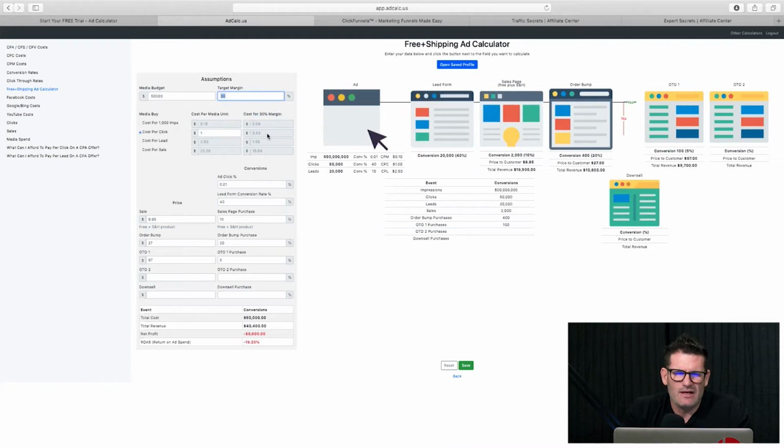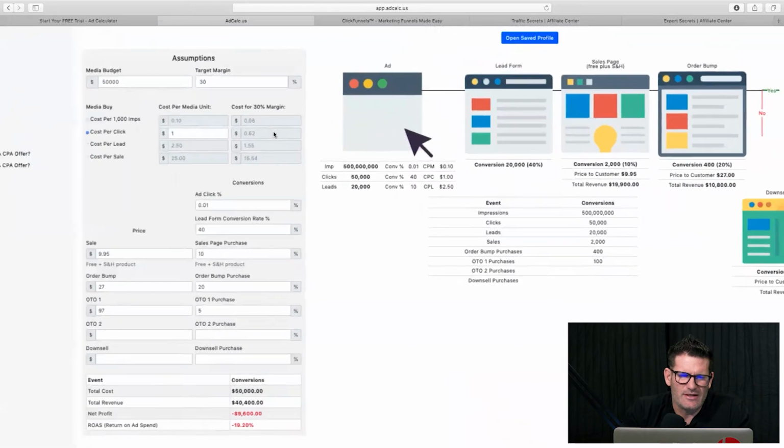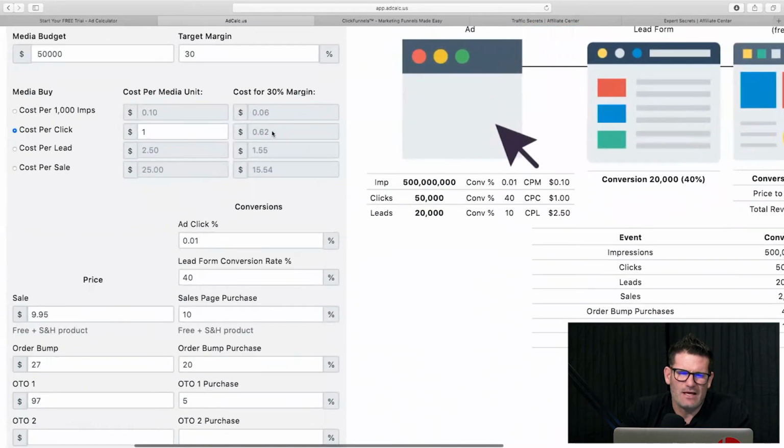This is telling me what I can pay on a CPC. This is telling me right now, with the media that I'm paying $1 for, I need to be paying 62 cents a click. If I pay 62 cents a click, I will end up making 30% margins.